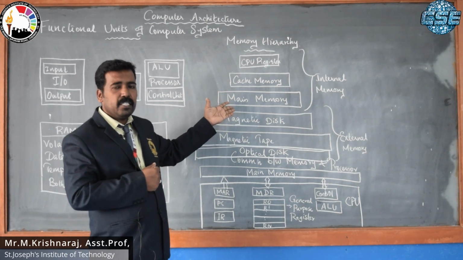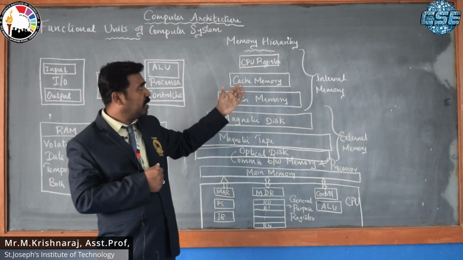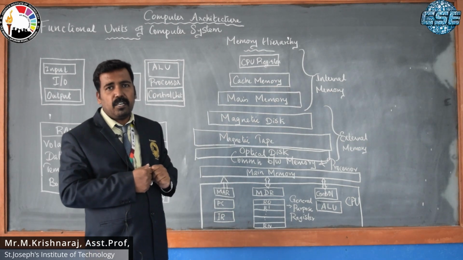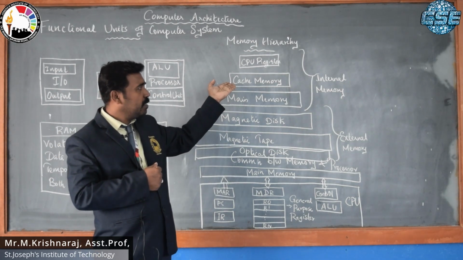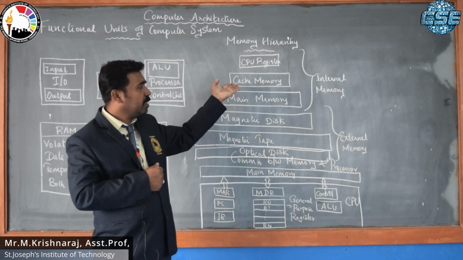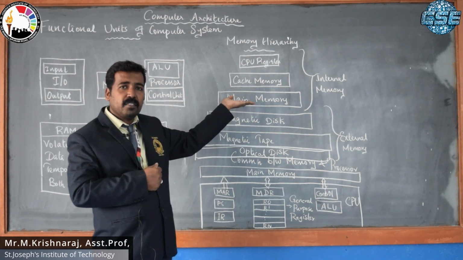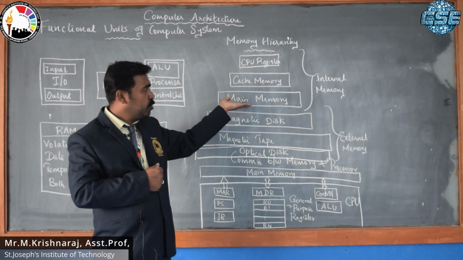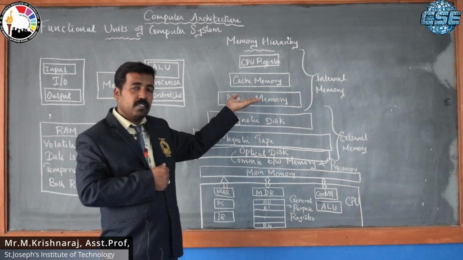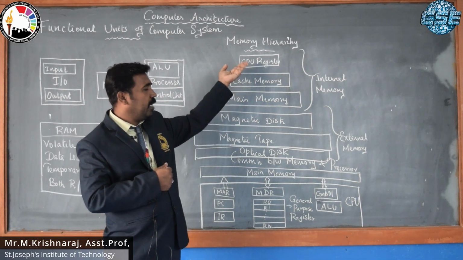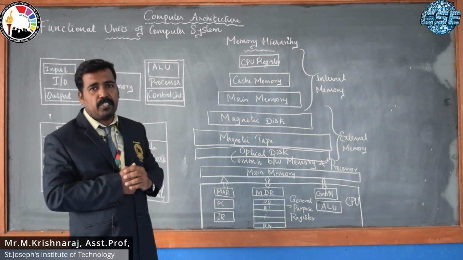Main memory is not much faster when compared to the CPU. So to avoid that, we have an intermediate memory, cache memory, which is faster than the main memory, receives the instruction from main memory and sends it to the CPU for execution.